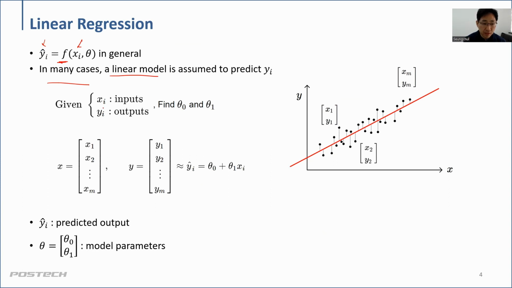We have x_i and y_i as input and outputs, and suppose we have m data points. It could be 100, or 1,000, or 1 million data points.